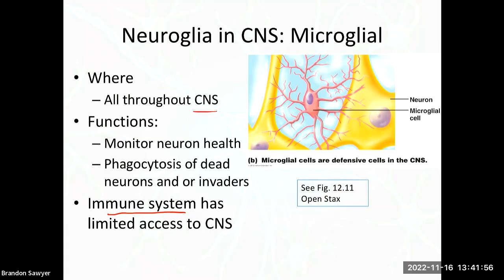Since our blood doesn't have direct access to the central nervous system, we have to have some other cells that are resident cells in the brain that can provide some of that immune support, and that's what these cells do. They're phagocytic cells, but they're found only in the nervous system, and they don't need to get there via the blood. They're just there providing that immune support. So, microglial cells.